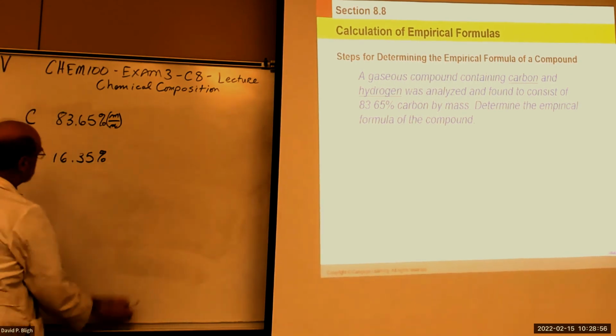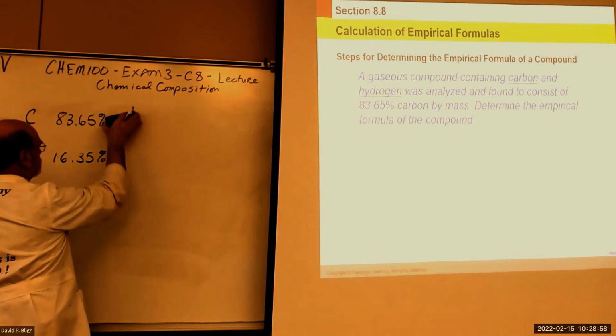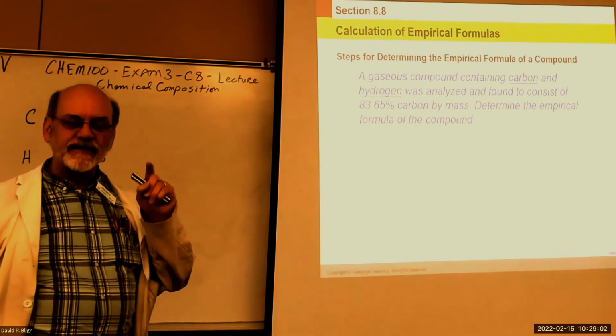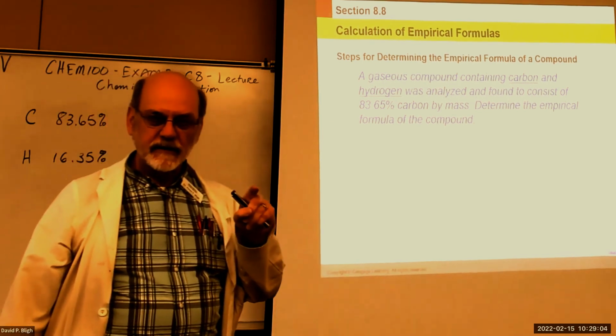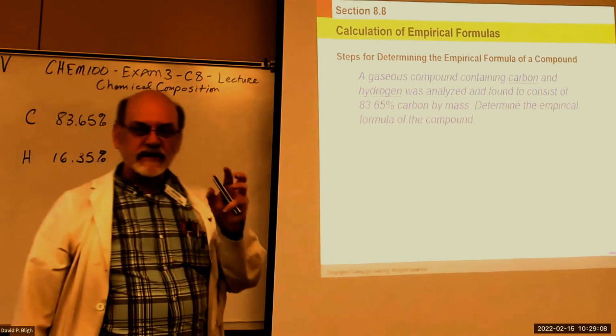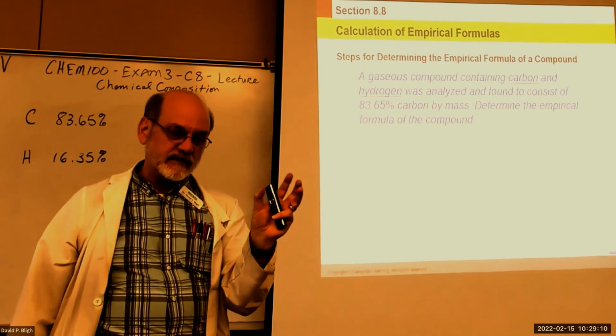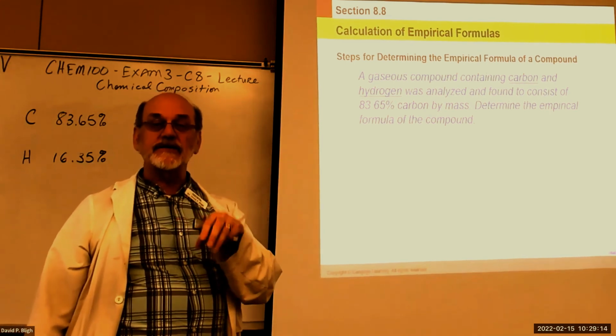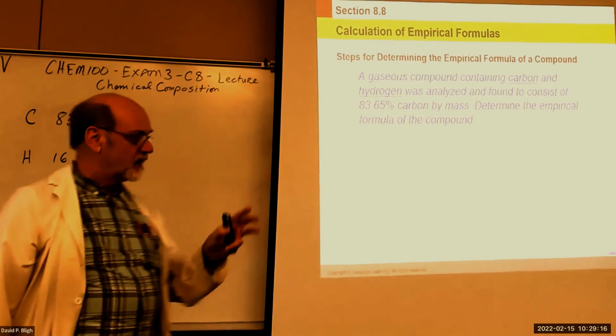Okay. Now, how do we find the empirical formula? Well, remember that a chemical formula is not written as a ratio of masses. It's written as a ratio of atoms, or in our case, moles.